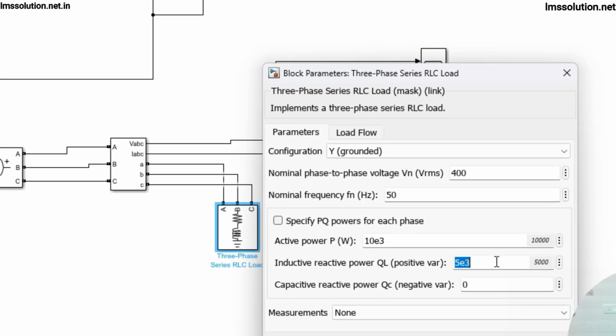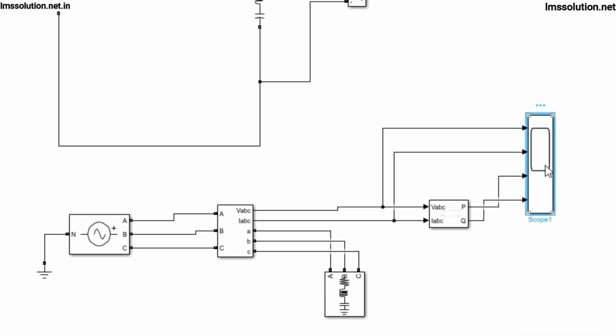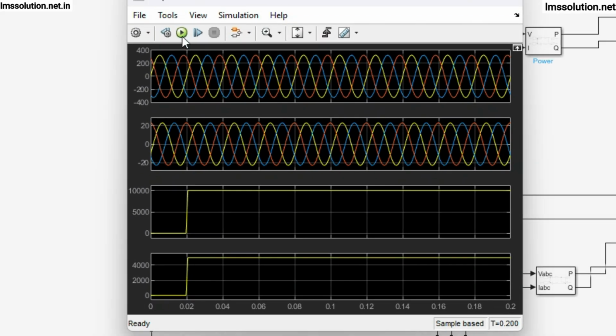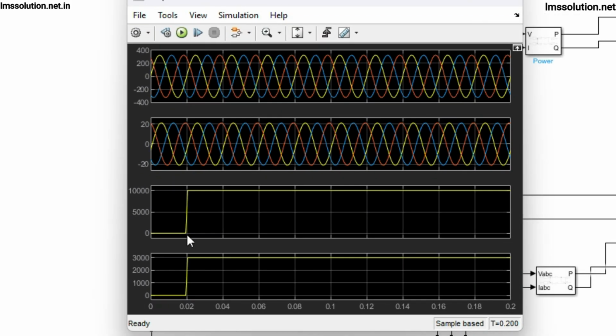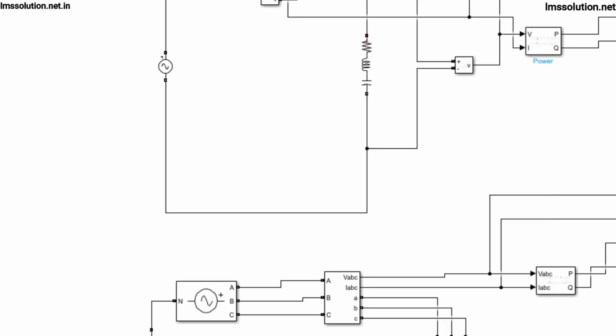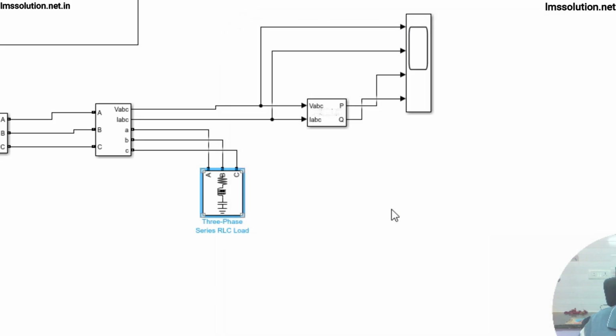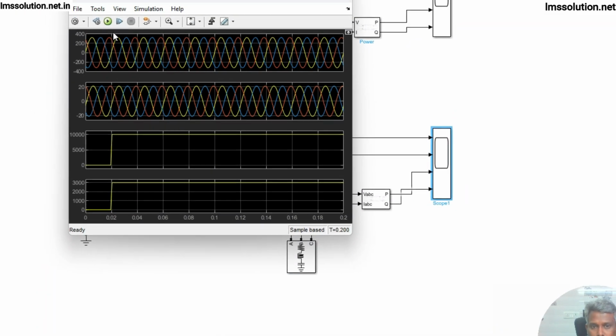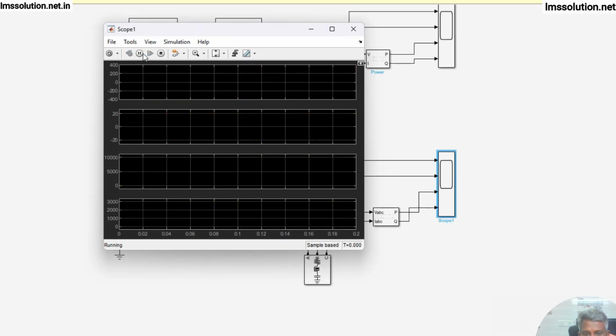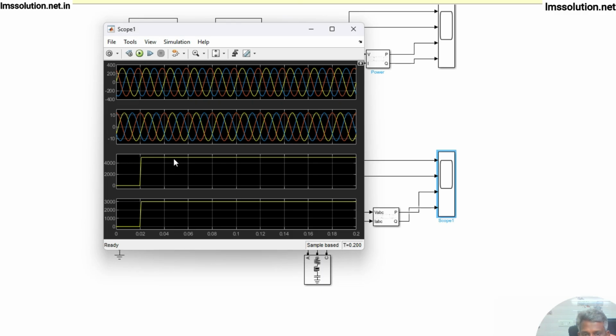We try with 2 kilowatt of capacitive element. I'm going to check the result. Now you see that variation, right? So now I'm going to change the 5 e power 3 real power load. See that we are getting 5 kilowatt here, and 3 kilowatt here.